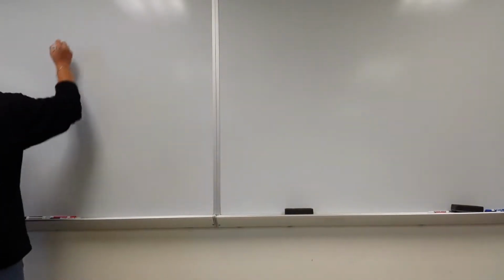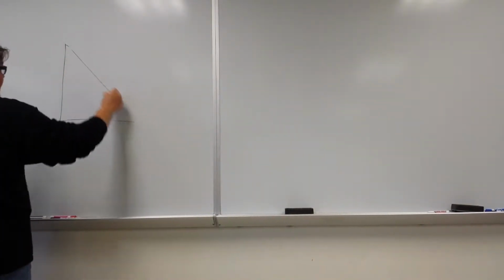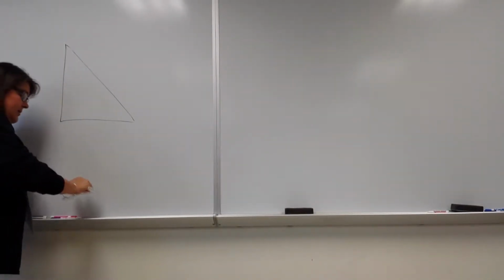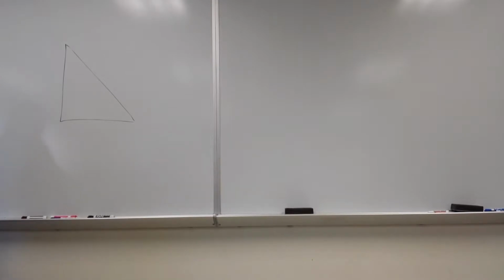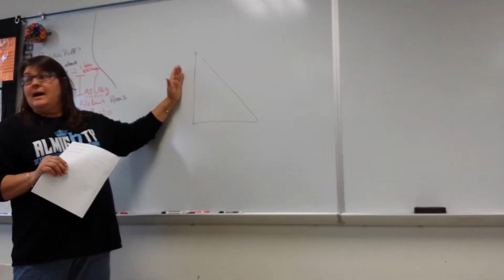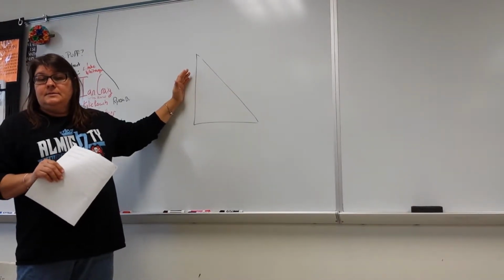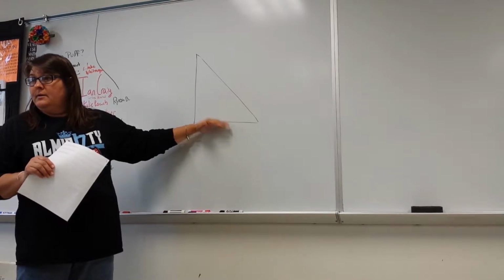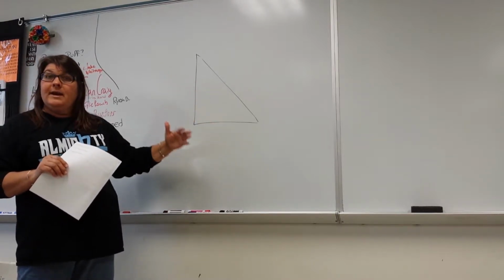So if I have some random triangle drawn, and we know the points on the triangle, would you be able to show that it is right angled? Well, sure, you could find the slope of this guy, and you could find the slope of this guy, and then tell me that when we have opposite reciprocal slopes, they're perpendicular. So therefore, we have a right angle.